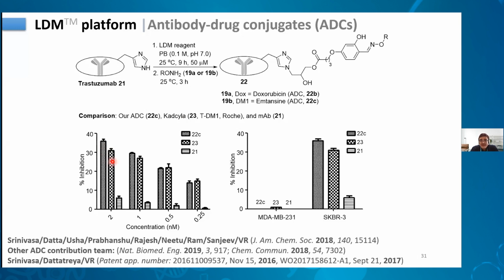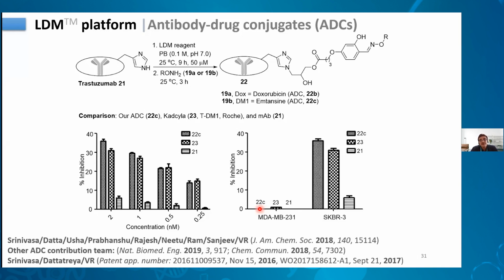Apart from that, it was important to see that while it inhibits HER2-positive cells, it really had no negative impact on the HER2-negative cells. So it was quite specific towards the HER2-positive cells in that regard. Now, as we discussed, in this case, the site of conjugation of drug is histidine, and we can tune that to a great extent.